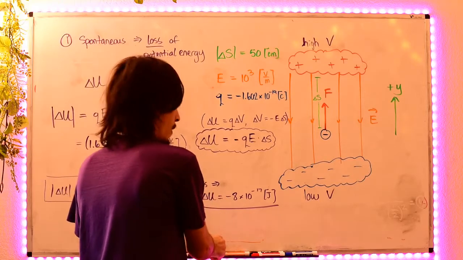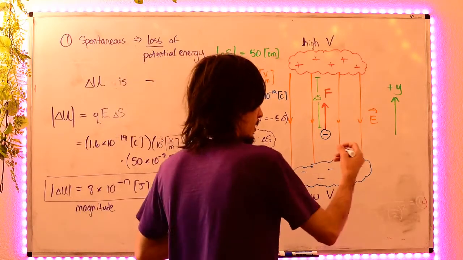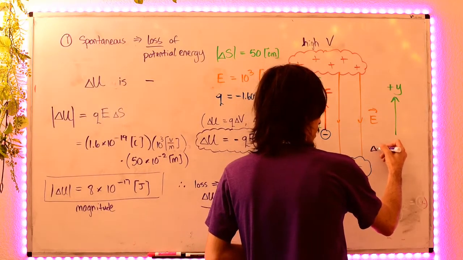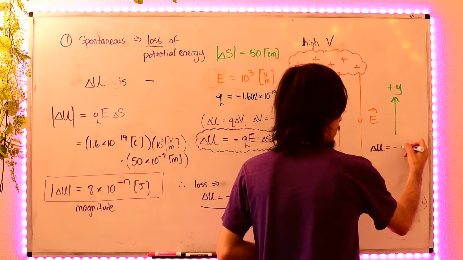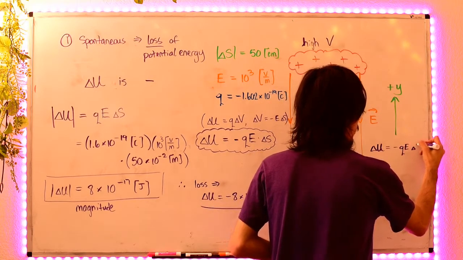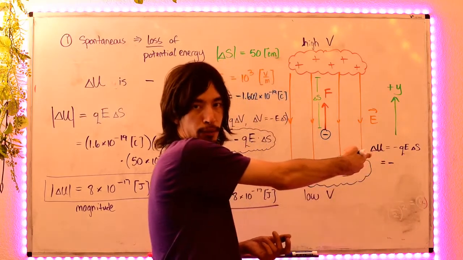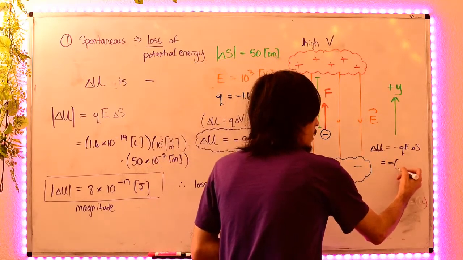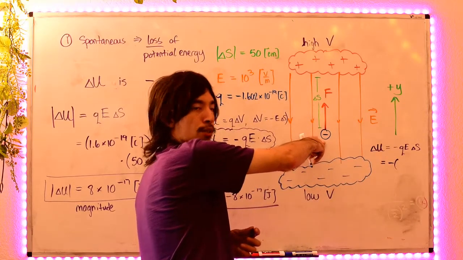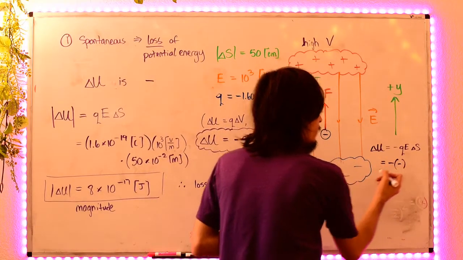Okay. If I were to do that and I were to account for the signs in this equation, I'm not going to plug in any numbers, but I'm going to plug in the signs to show you that you do get the correct sign. So delta U equals minus QE delta S. And if you account for the signs, so there is the minus sign out front. Q is a negative charge, so you do account for that minus sign.